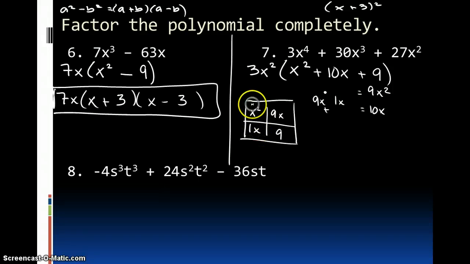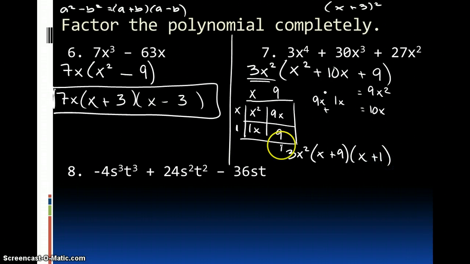So factoring, these both have an x, these both have a 9, these have an x, and these two only have a 1. So this 3x squared, I'm going to rewrite it because it's a factor. 3x squared times x plus 9 times x plus 1. And that's it. Okay. One more.